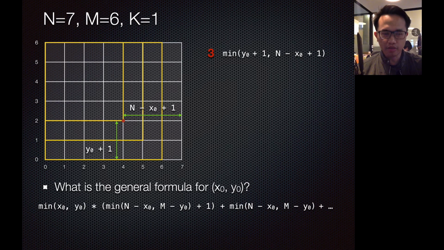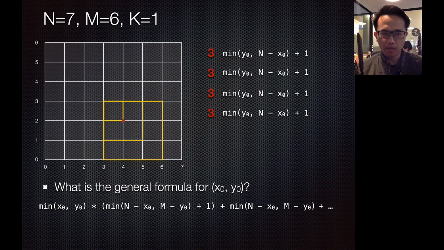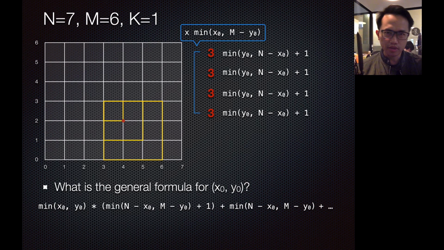But it's the lesser of the two that tells us how many squares we can draw. And so that's the formula. And we can draw that many squares many times. How many times? Well, it turns out to be the smaller of x naught and m minus y naught. And again, the final time, we draw one fewer square than we normally could. And so the formula is this for this diagonal.